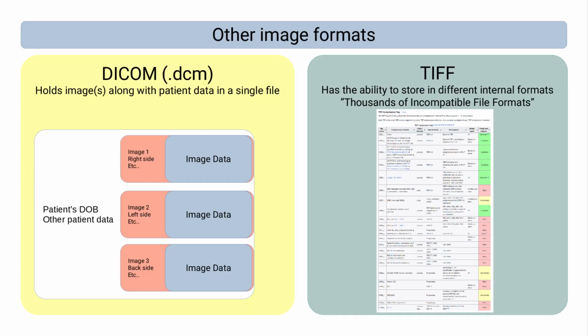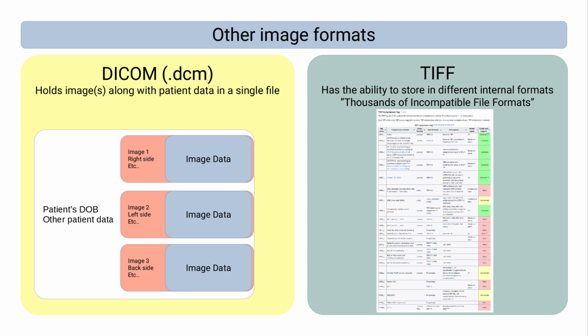Now, to make things even more confusing, there are the compression formats that we know about, like PNG and JPEG, but there are what's called container formats, in which there is additional information about the image that's stored in the file. A common one you see in dentistry and medicine is called DICOM.